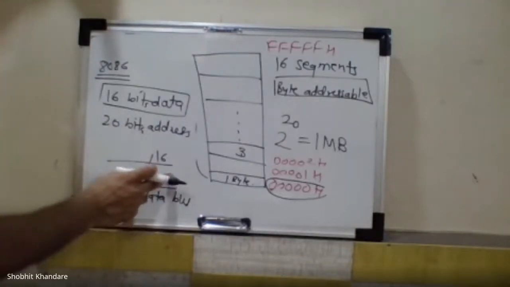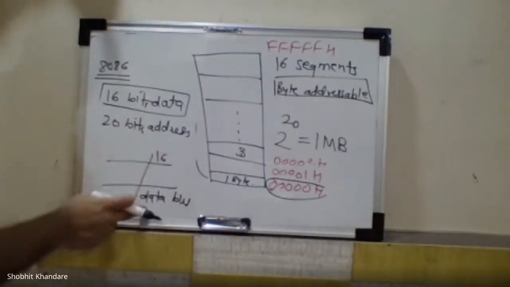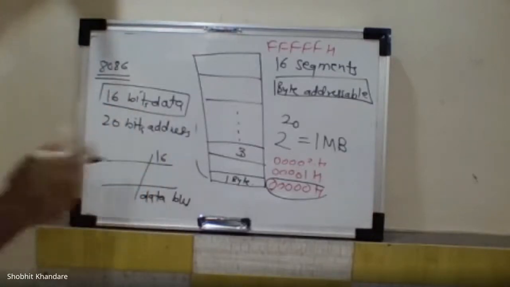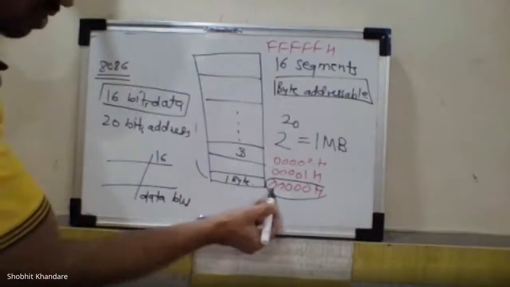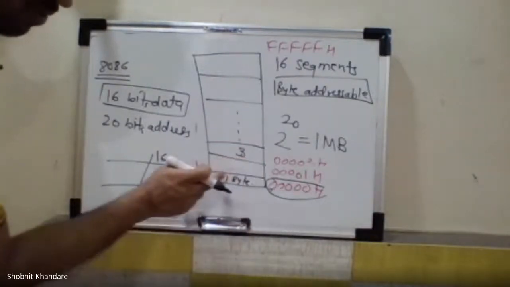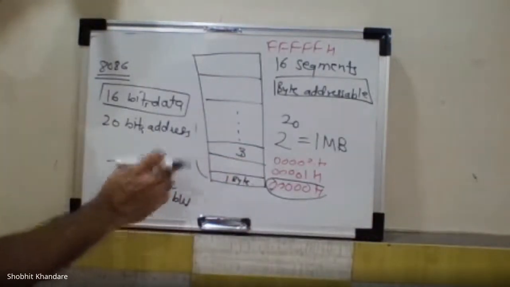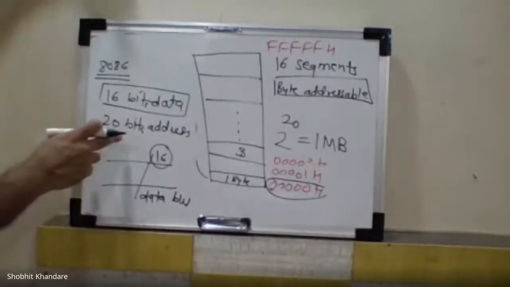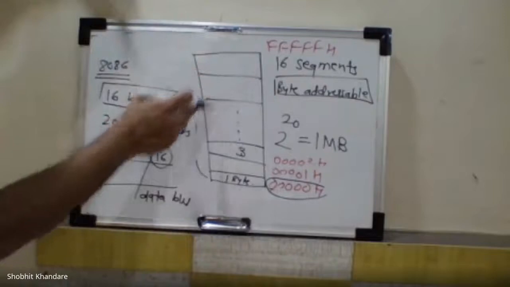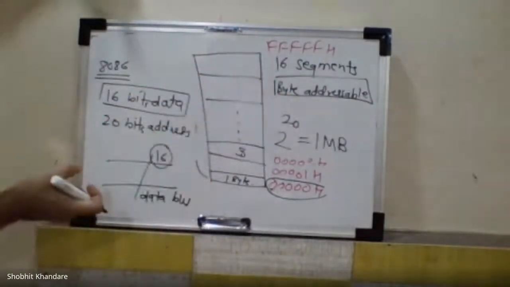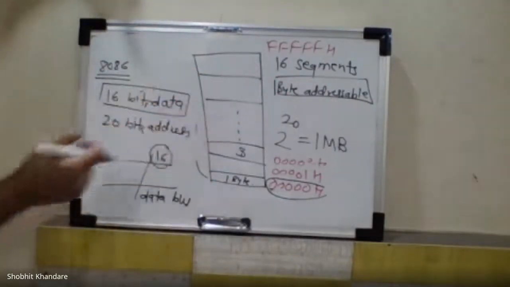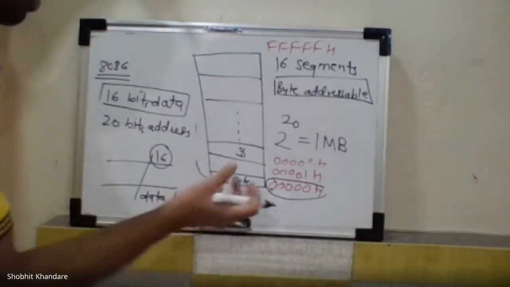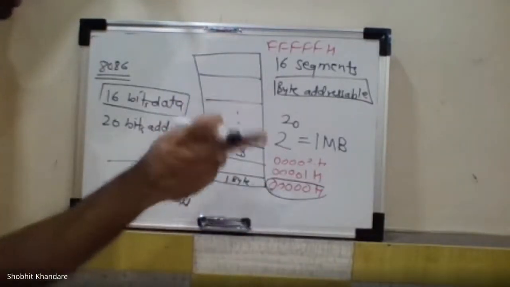Now, if your data bus can hold a maximum of 16 bits, and one location will only have 1 byte, tell me, if I want to access 16 bits of data? Suppose the 8086 processor wants to take 16 bits of data from memory. Suppose the first location is here.